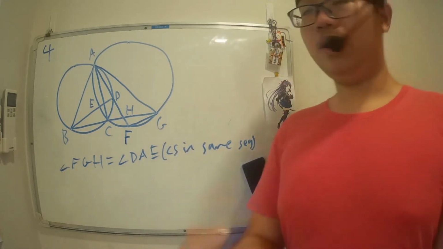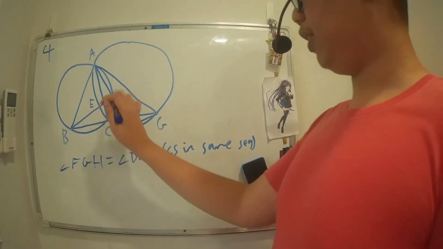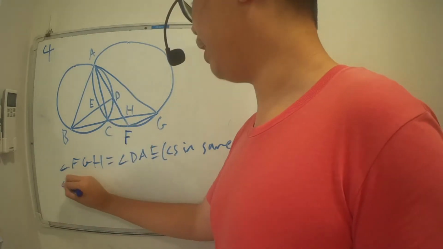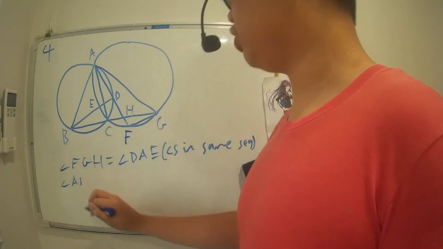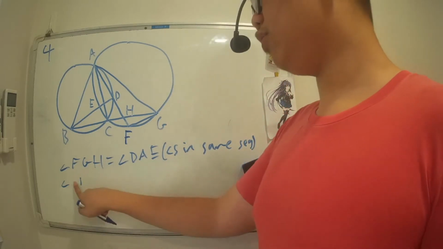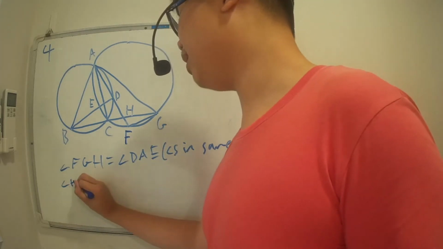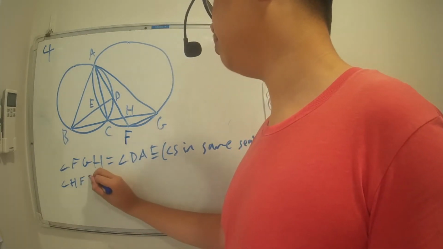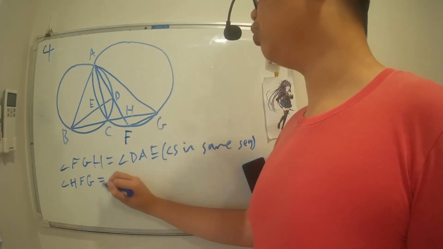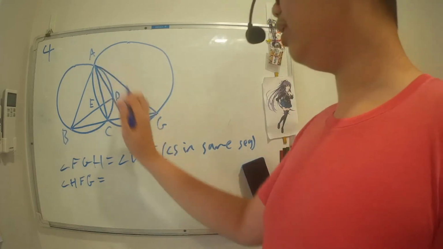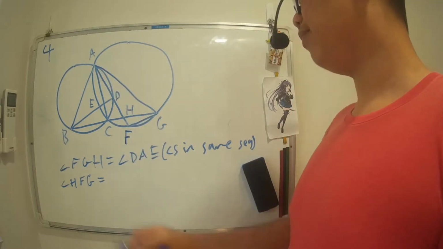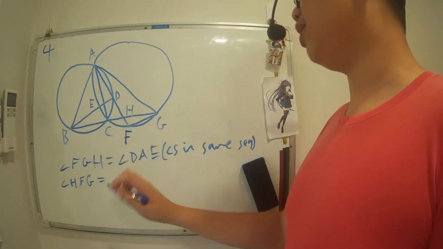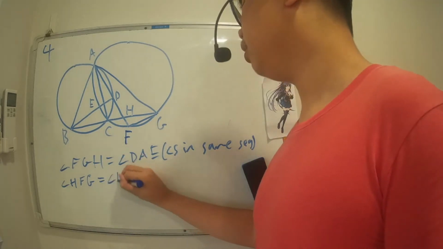Okay, then what we have just figured out earlier was that angle AFG, actually I'll write it as HFG, because HFG is the same as AFG, right? I can say that angle HFG is also equal to this right angle here, ADE, right? In this case, I need to write it as angle EDA, okay?